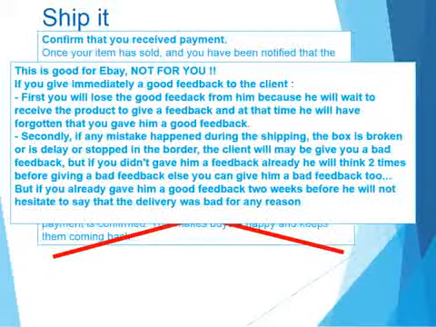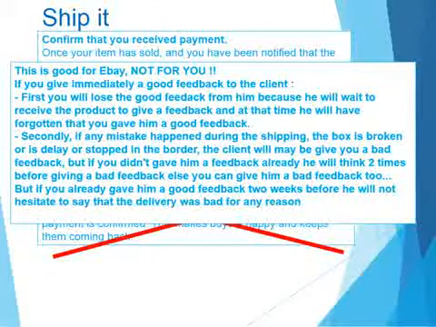And if you have already left a positive feedback, the buyer will say, there is a problem and I didn't receive the product. He can be angry and say you're a terrible seller, and he will give you a bad evaluation, a bad feedback.